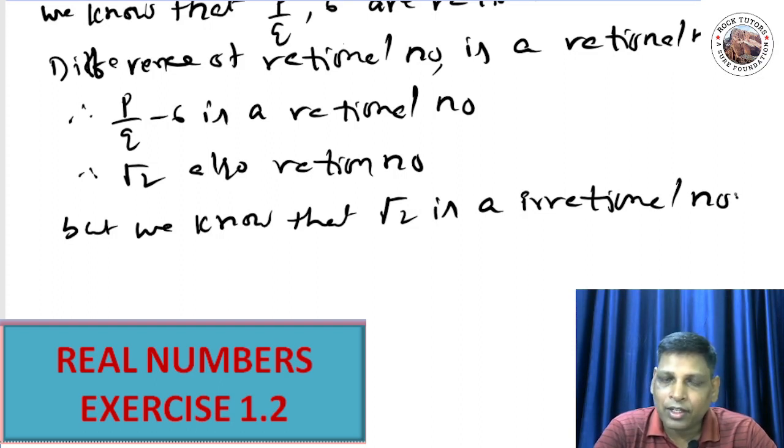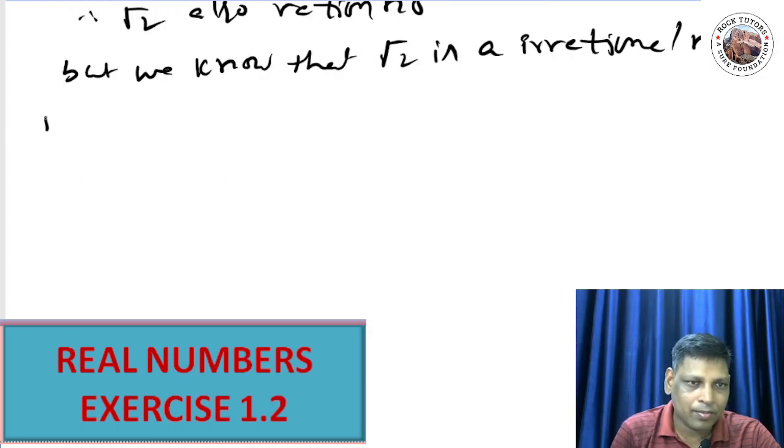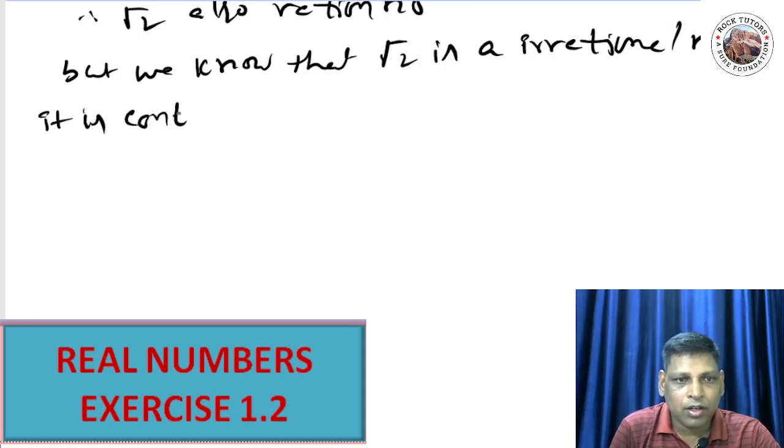So this is a contradiction. Why? The contradiction arises because of our assumption.